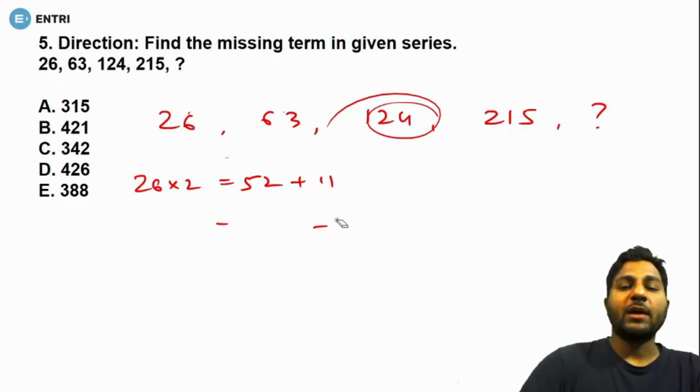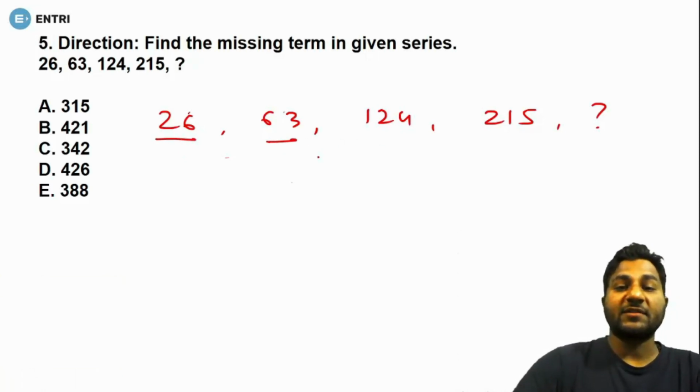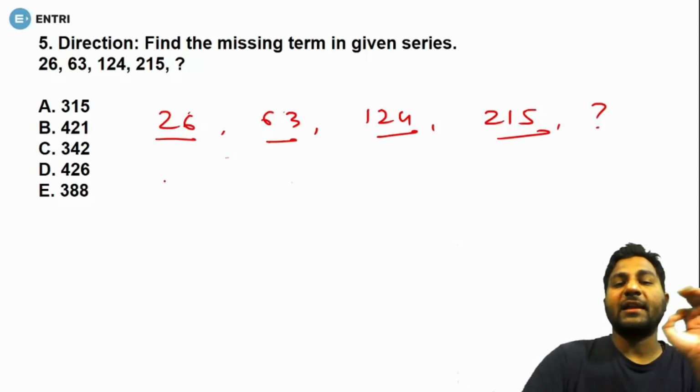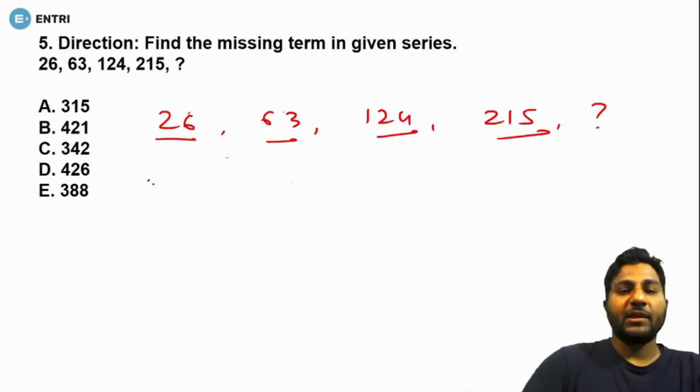So how are you going to approach in this segment? Look at this. Something is going on. Look at this. 26, 63, 124, 215. That means one number either less or one number either more. Look at this. You will see that it is cube minus 1.